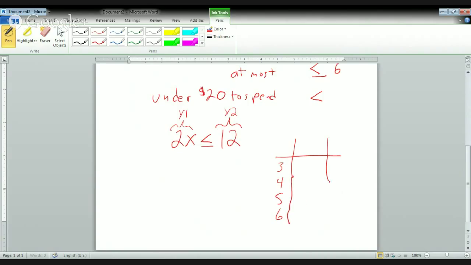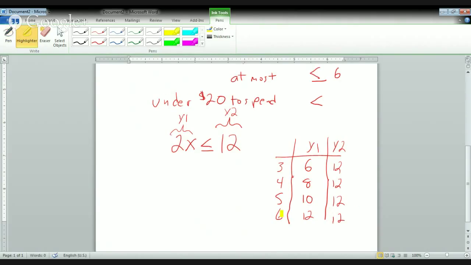The Y1 would be here, Y2 would be here, and let me see if I could just recreate the table using my head rather than the actual calculator. So that would be 6, 8, 10, 12, and we would see that there's this point where Y1 and Y2 are the same.